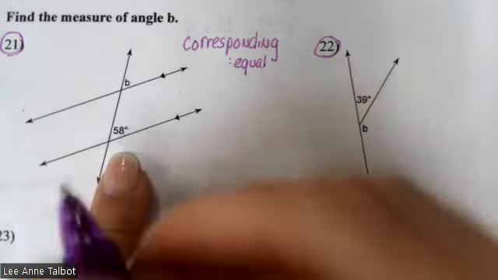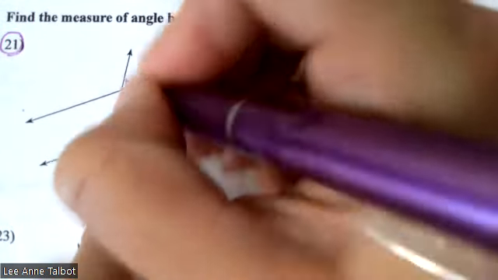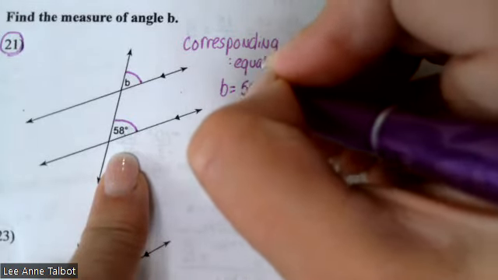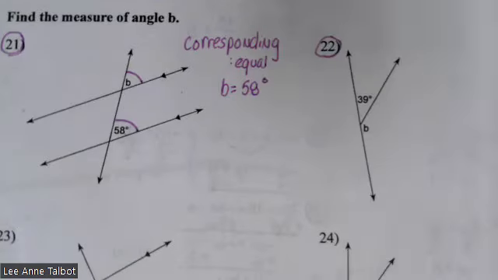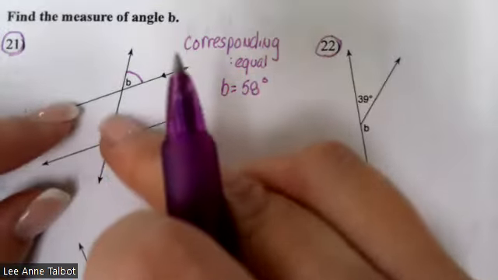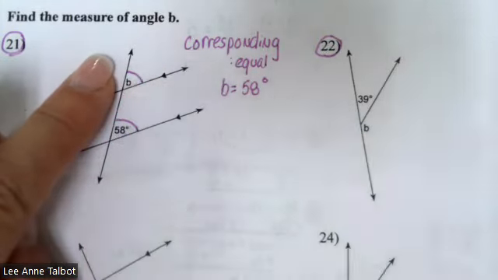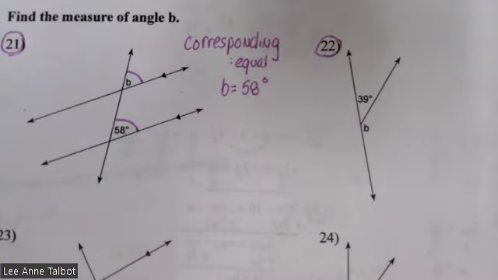Corresponding angles are equal. So that means that if this is 58, then this also has to be 58. I want you to imagine that I took a piece of tracing paper and I traced the angle 58 and then I slid it up, and that one would also be 58. I want you to think about it like a slide.